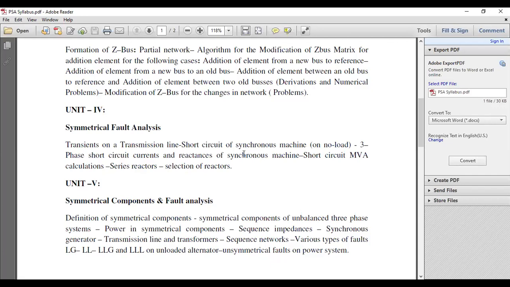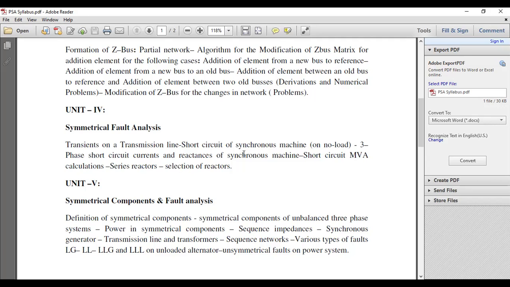But in this chapter, symmetrical fault analysis, we are going to study the abnormal behavior of the system. What do you mean by abnormal behavior? Suppose suddenly the system behavior has been changed. How do we analyze it?